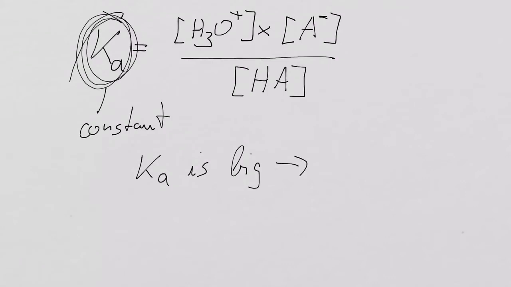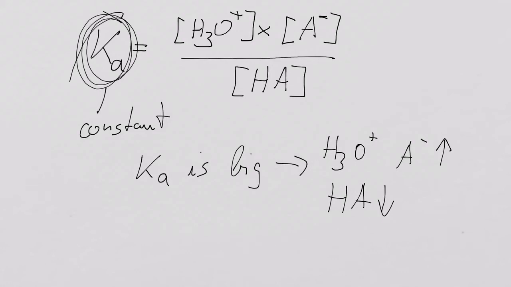Your argument is that H3O plus and A minus are big, and HA is small, right? Because if you divide something big by something small, it's big. So Ka is big, therefore the acid is strong.